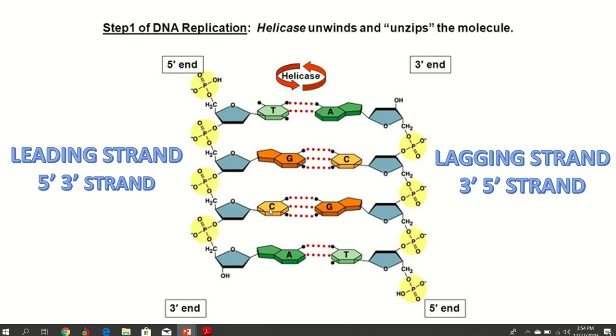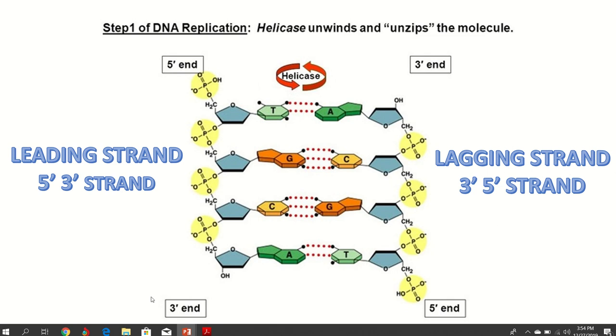Since DNA has two strands, each has a name. The one on the left side is also called the leading strand or the 5 to 3 strand, while on the right side, it is called the lagging strand or the 3 to 5 strand.